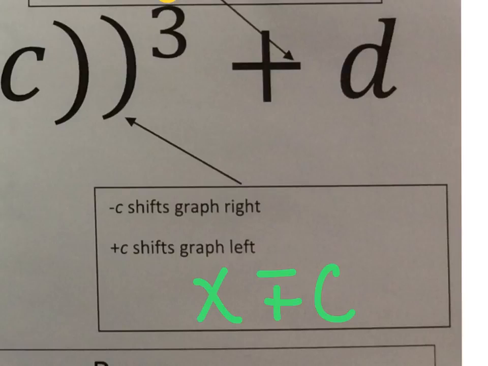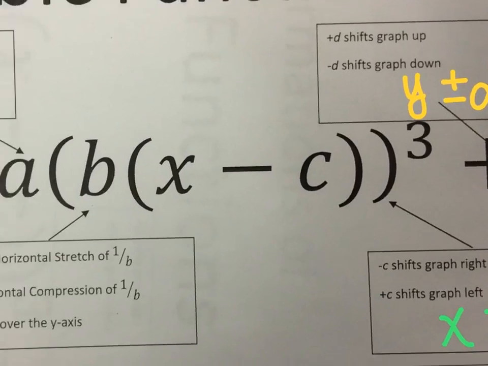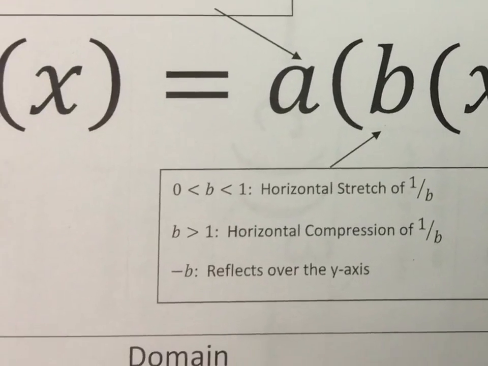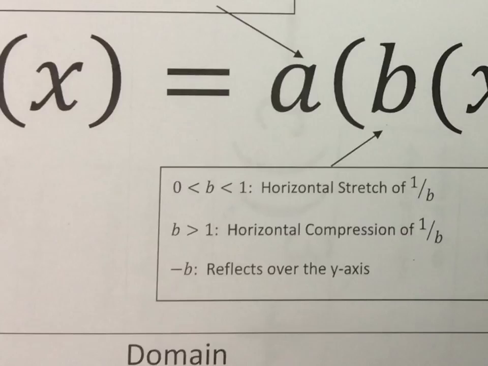Okay, and then we're going to look at B next. Or do y'all do A next? B. Okay. All right, so B, the horizontal stretch or compression. Mathematically, what do I do with my horizontal stretch or compression?